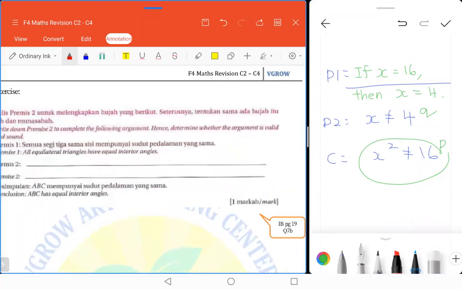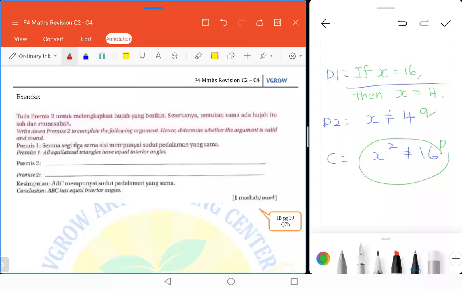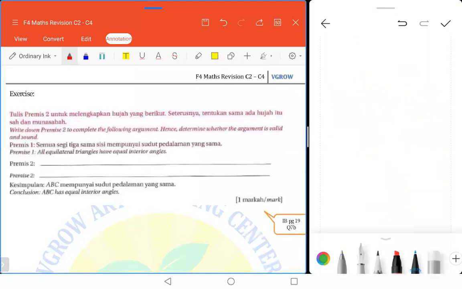So we try one example here. Ready? Premise 1: All equilateral triangles have equal interior angles.